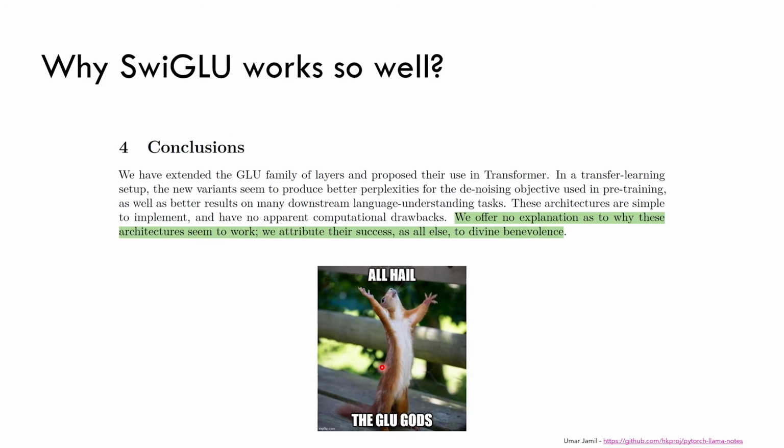So why is the SwiGLU activation function working so well? If we look at the conclusion of this paper, we see that they offer no explanation as to why this architecture seems to work. We attribute their success, as all else, to divine benevolence. Actually, this is kind of funny, but it's also kind of true, because in most deep learning research, we do not know why things work the way they do.